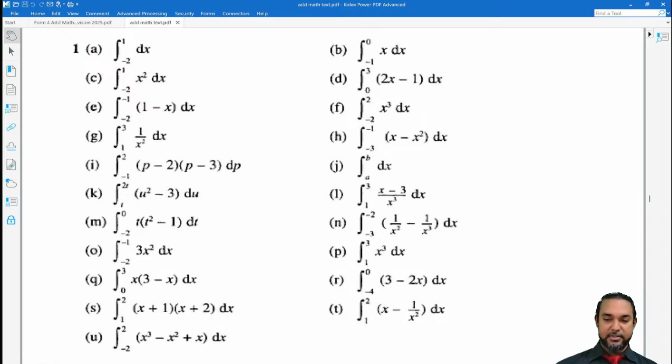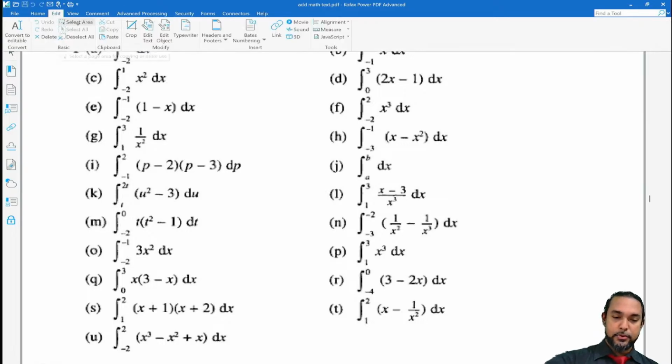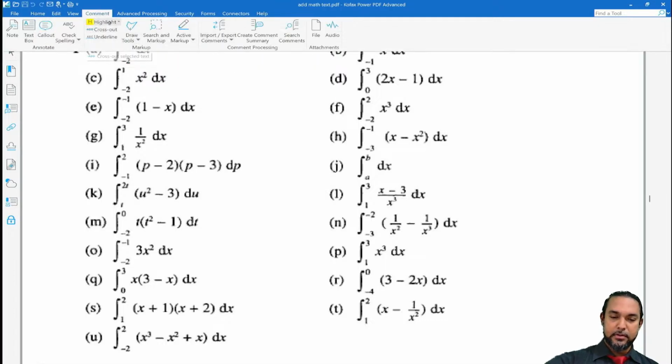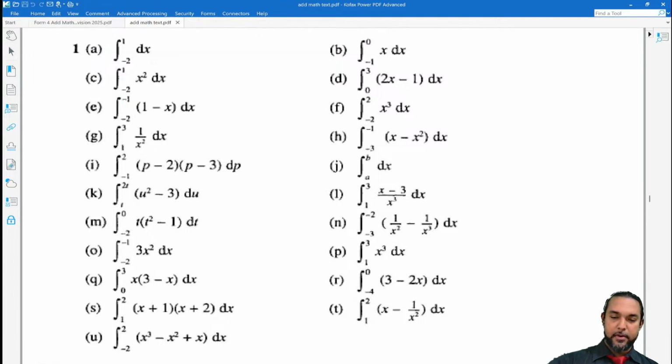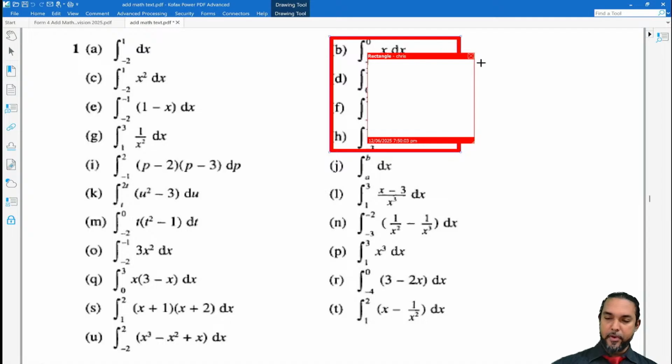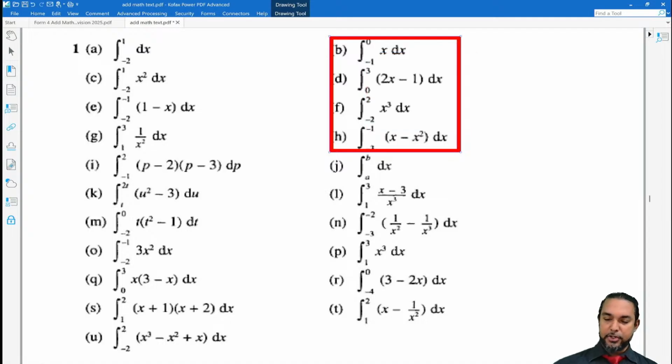So let's keep it simple for now. Let's do that batch.